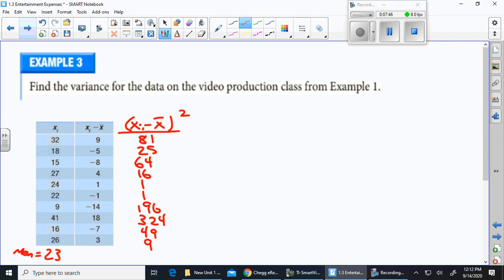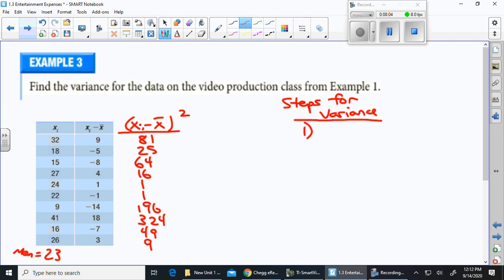So that's really where I'm going to show you your steps for the variance. And if I write them out, I think it will help you. You have to think you're given a set of data.